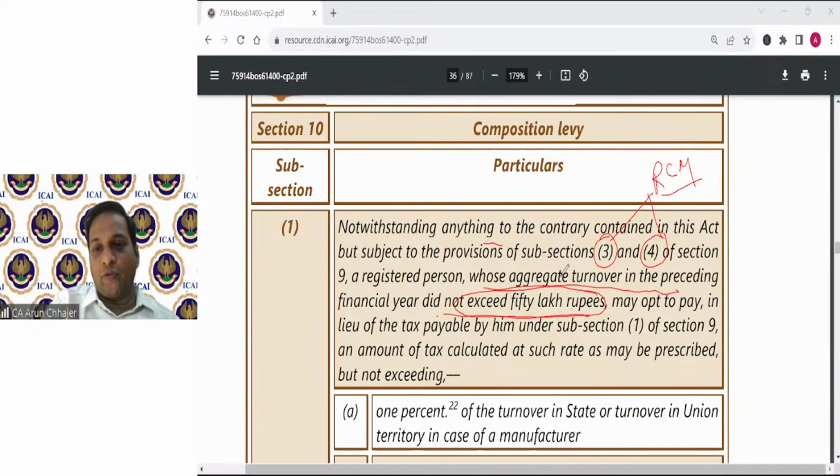So my question is, initially it was 50 lakh, but now the limit has been enhanced. How much is the limit? Second question, is it an upper limit or a lower limit?